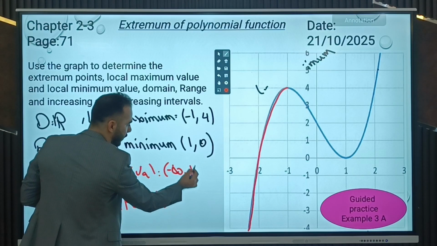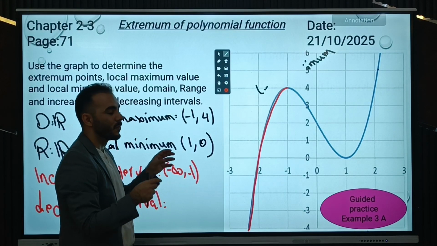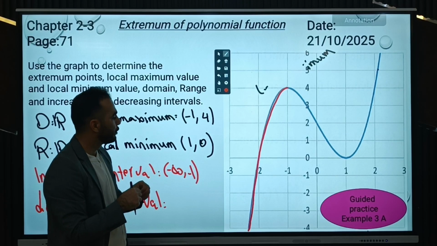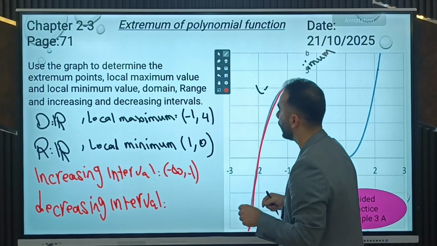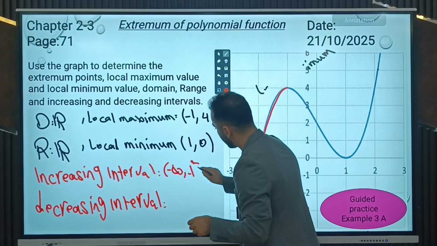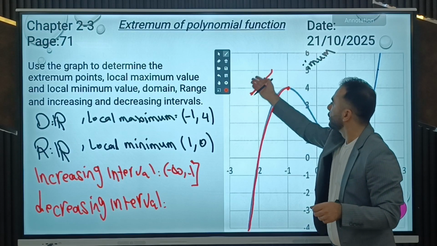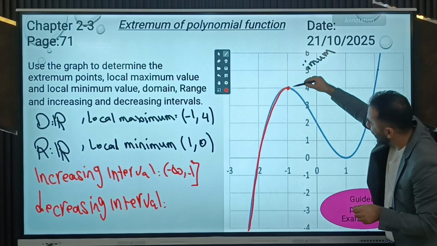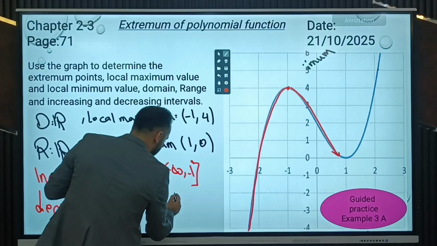Then open interval. Why? Because when we write increasing and decreasing intervals, we need to write open intervals, as opposed to the local maximum, where you can write a closed interval, since the point is included. And from negative 1 to positive 1, from left to right, it's decreasing. Okay?